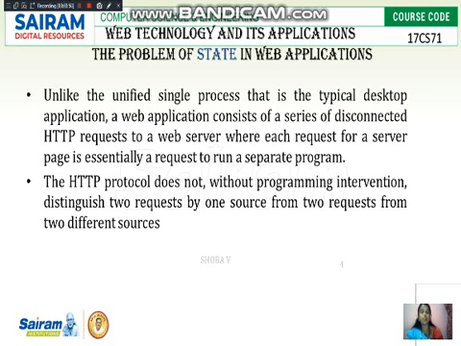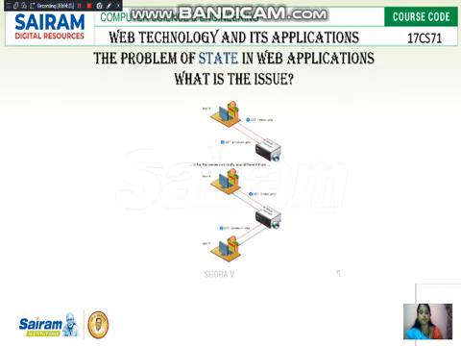Each request for a server page is essentially a request to run a separate program. Without programming intervention, the HTTP protocol does not differentiate between two requests from two different sources. However, we know these web services run on different platforms and different languages too. So what's the issue?